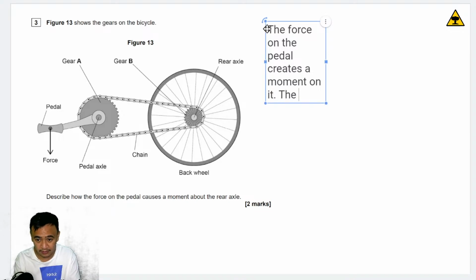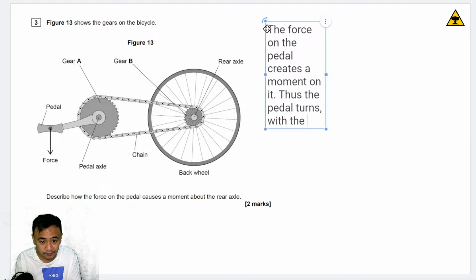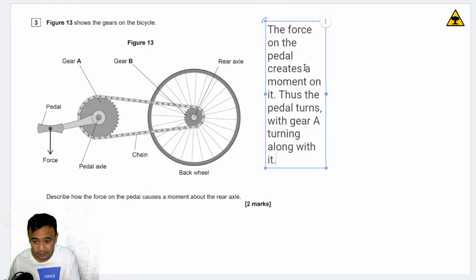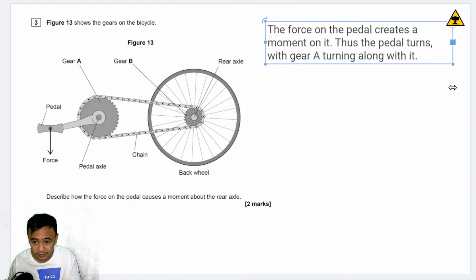The pedal turns, along with gear A turning along with it. So that's the first part of it.